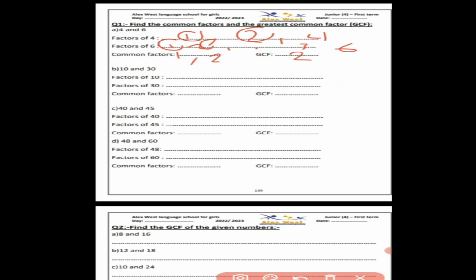The greatest common factor between 10 and 30. Factors of 10. Let's think, what number times another number gives 10? 1 times 10, 2 times 5. 30: 1 times 30, 2 times 15, 3 times 10, 5 times 6.